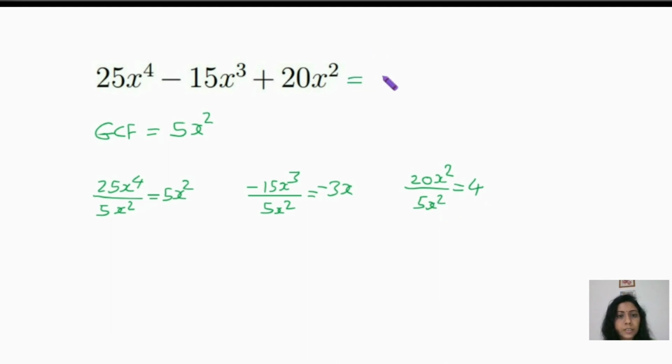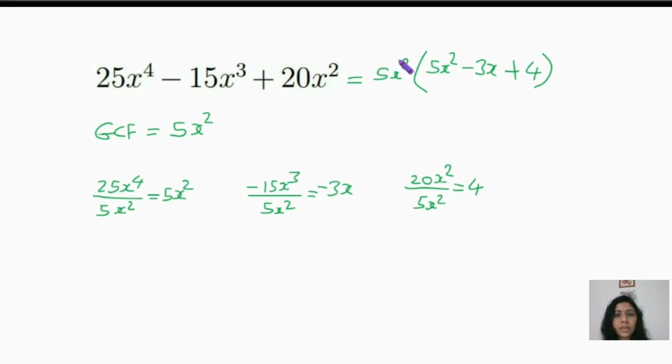Okay, so we can write here the greatest common factor 5x squared, and in the bracket we write this answer: 5x squared minus 3x plus 4. Okay, you can check your answer.